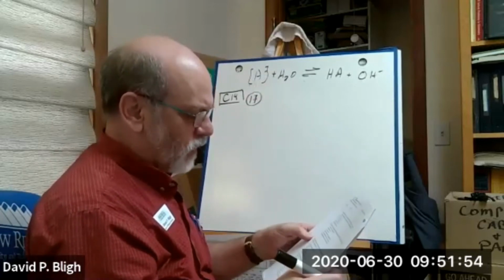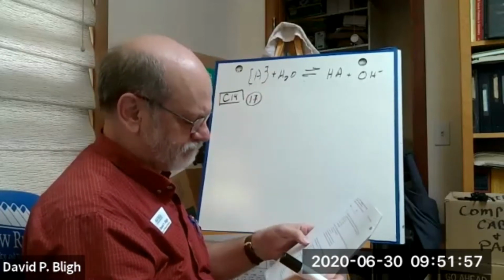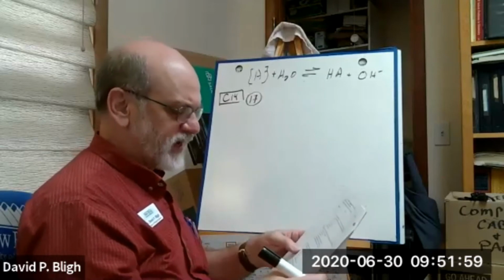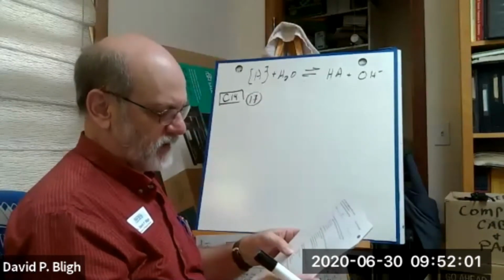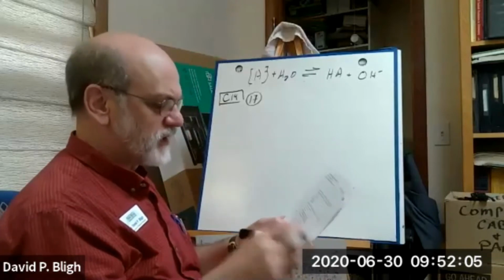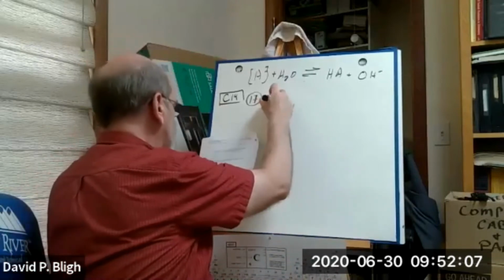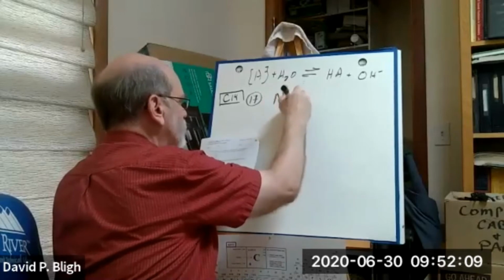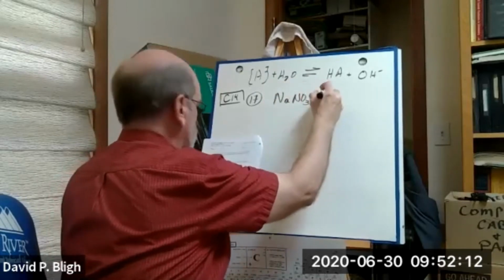So we're looking for what are the characteristics, acidic, basic, neutral, or can't tell, for each of these substances dissolved in water. So for 17, let's dissolve this one in water.